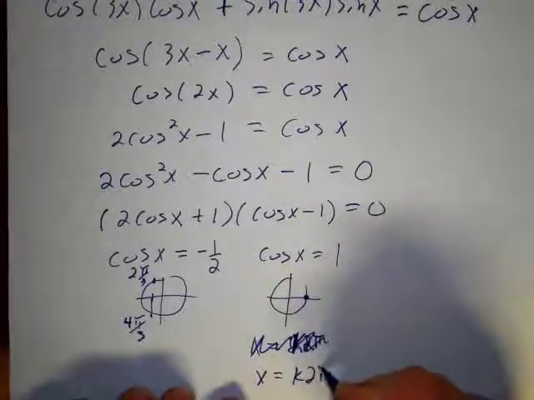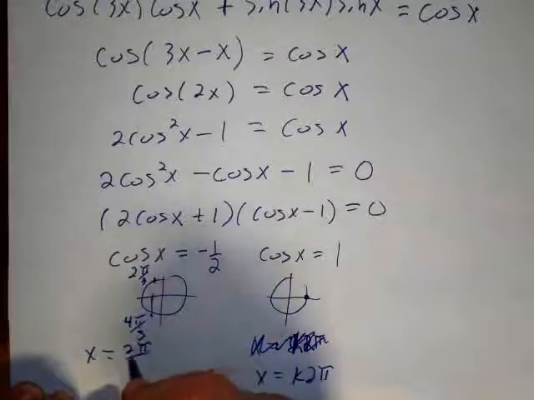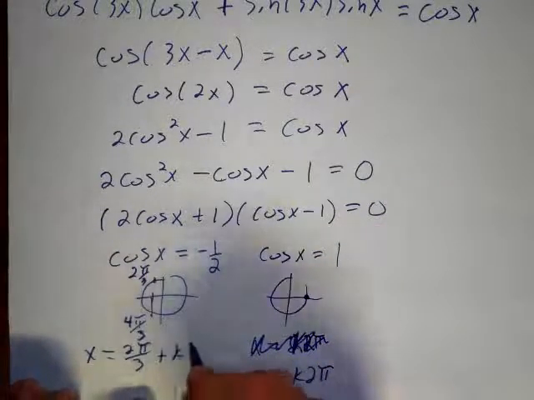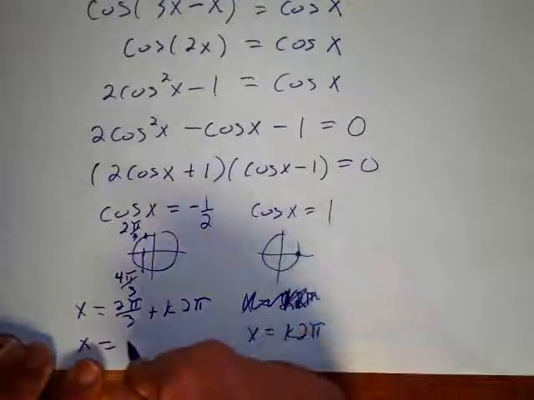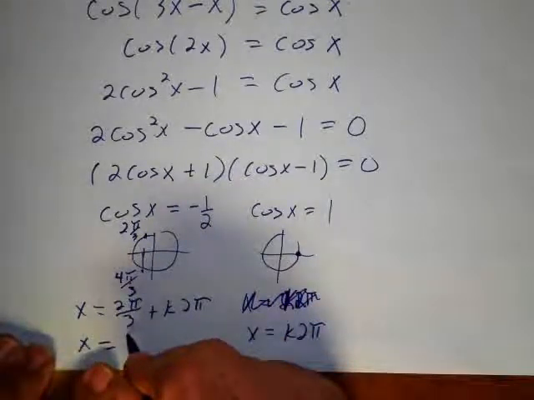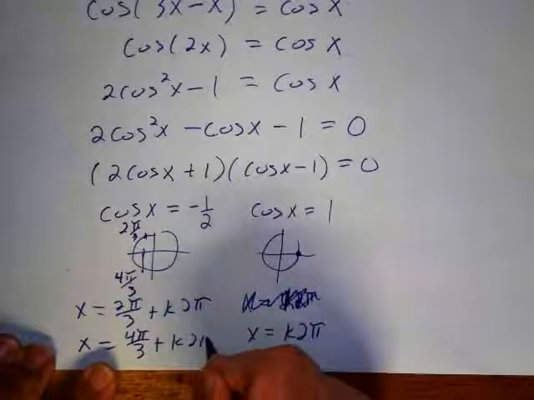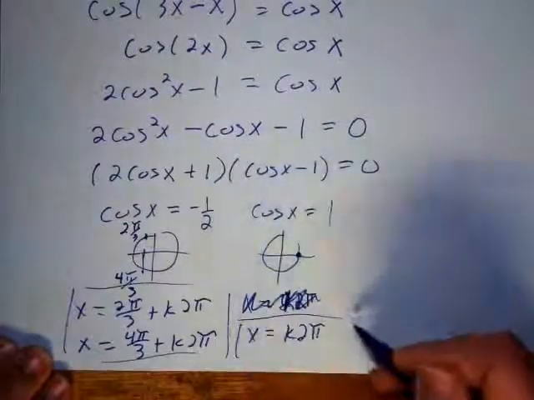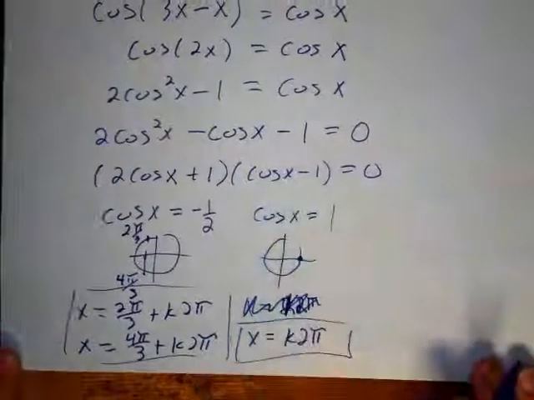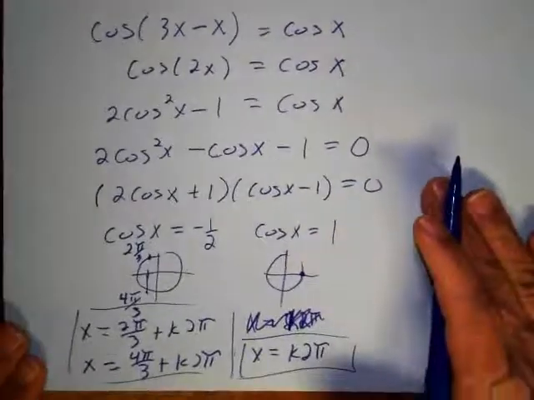K times 2 pi. And I guess I need to write these over here. 4 pi over 3 plus k times 2 pi. So here are my solutions to this equation.